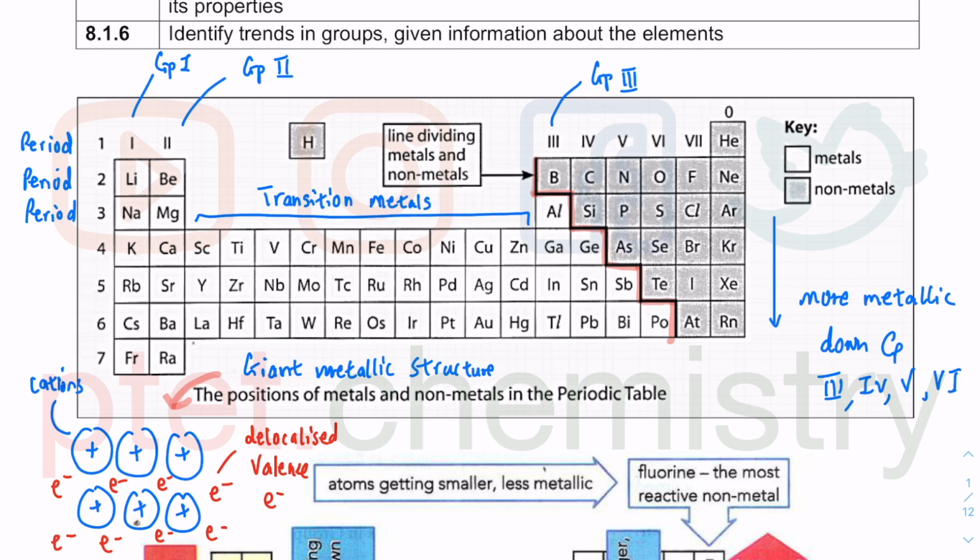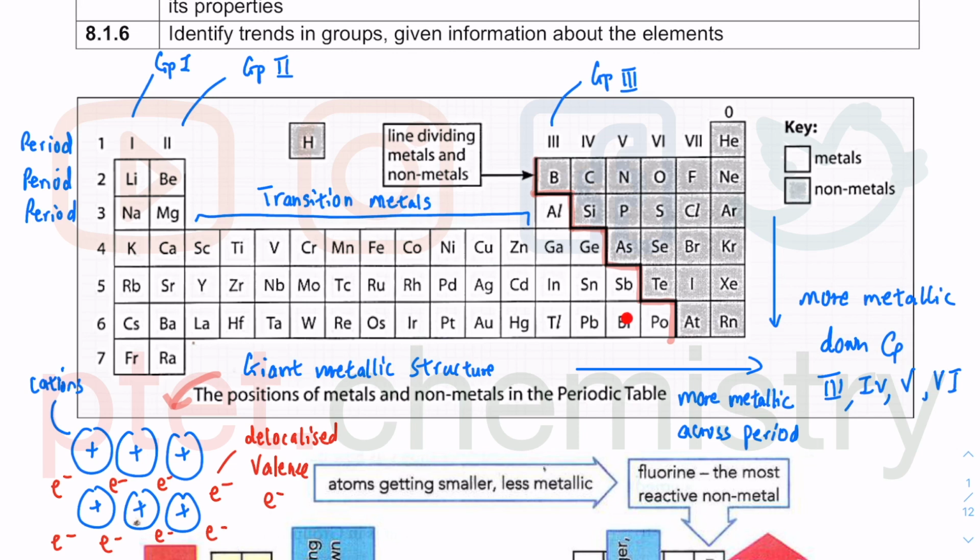But we also know that they become more metallic from left to right, so more metallic across a period as well. These things are not to be memorized, it's really just common sense: you go from metals on the left to non-metals on the right, and from non-metals on the top of group 3, group 4, group 5, to things which are more metallic, like aluminum is metallic, tin and lead are metallic.